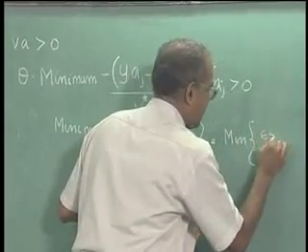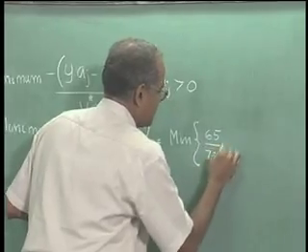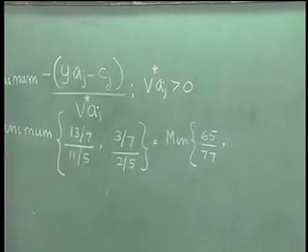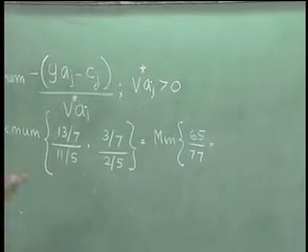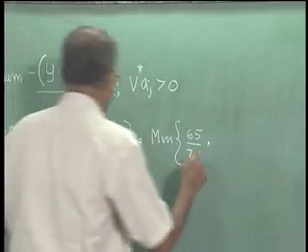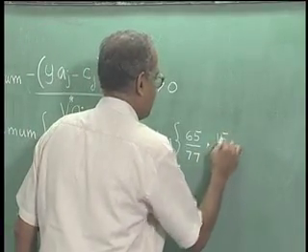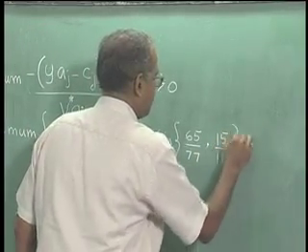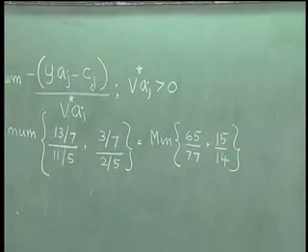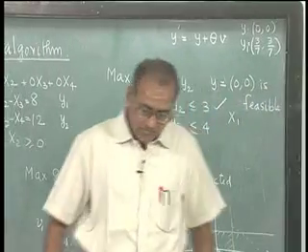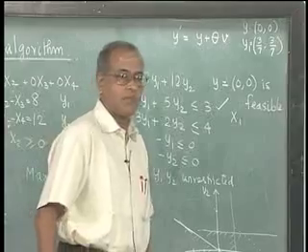So 65 by 77, the 3 by 7 into 5 by 2, which is 15 by 14. So you get 65 by 77 as the value.